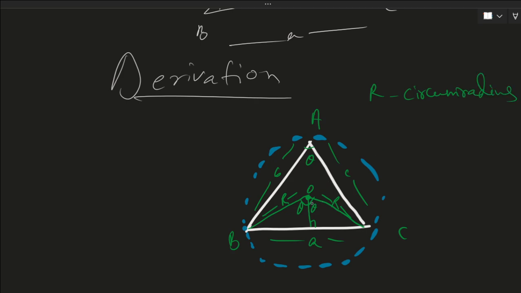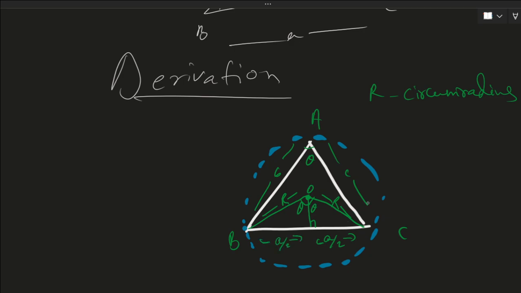So we know that this part is A by 2. I can now relabel this. Since this is the radius, you know that this is A by 2.